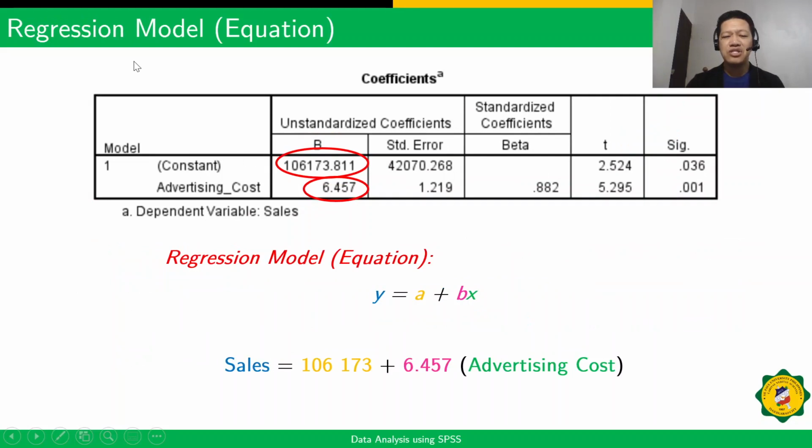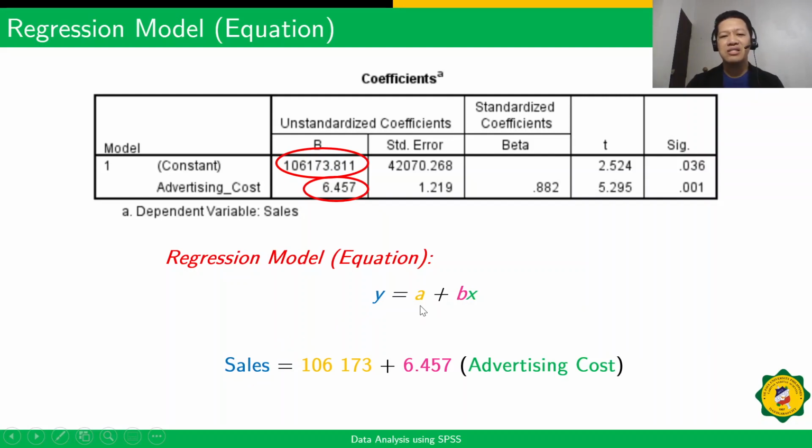To make the regression model, or what we call the equation, it should be in the form y equals a plus bx. So it's just a linear function or linear equation. In our example, the y is what we call the outcome variable, that's the dependent variable, and that's actually the sales.